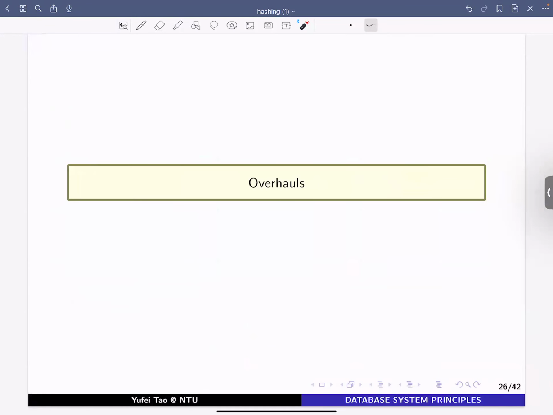All right, so finally, we'll talk about something non-trivial. Again, this is something that will involve a lot of analysis. I will not test you on the analysis, but I require that you understand the algorithm, how to perform this overhaul and why this is important.